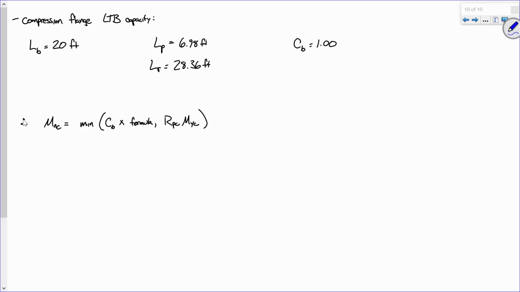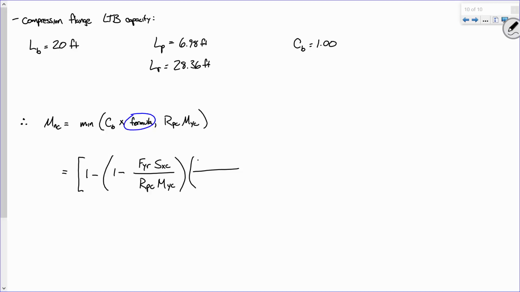going to be whatever this formula is, which in this case is 1 minus FYR SXC over RPC MYC. Again, everything probably should look pretty familiar. The only thing that changes it is we're not interpolating with respect to the flange slenderness values. We're interpolating with respect to those unbraced lengths.